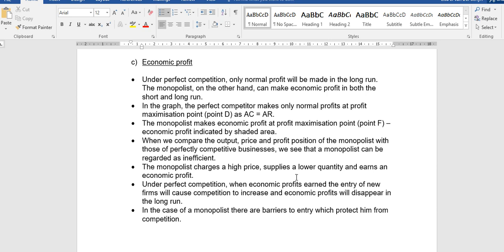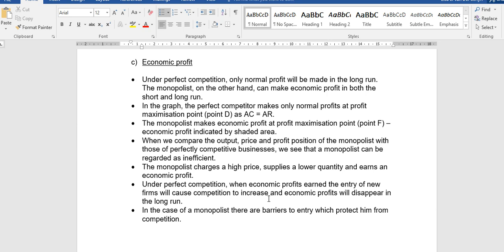So when you put it all together, in the perfect market the output level will be higher and the price will be lower, so he only makes a normal profit. The monopolist is inefficient because he charges a high price, he supplies a lower quantity, and he still earns an economic profit. Remember what is taking the profits away?